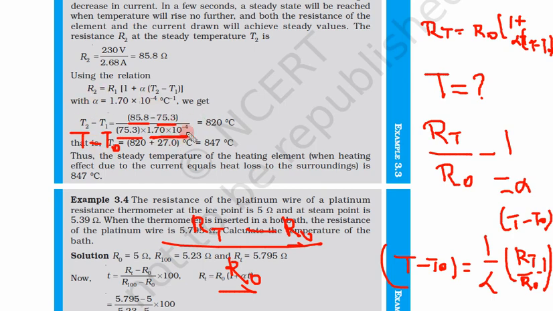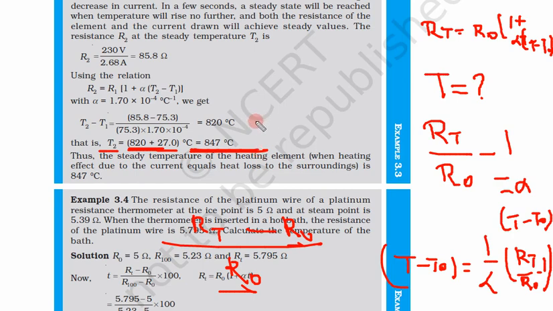When you calculate all these things, you get 820 degree Celsius. This is not T2, this is T2 minus T1. So how will you get T2? When you add 27, taking T1 to the other side, T2 or T is 820 plus 27, that means 847 degree Celsius.